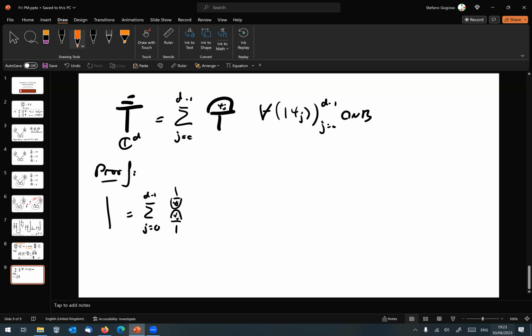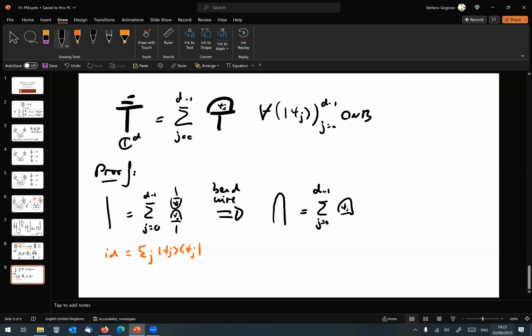Or in words you may be more familiar with, the identity is the sum over j of ket psi j, bra psi j. So this is what I've written above. And then I bend things around. I bend the top of the wire in this case, and I get that this is the sum from j equals 0 to d minus 1 of psi j star.